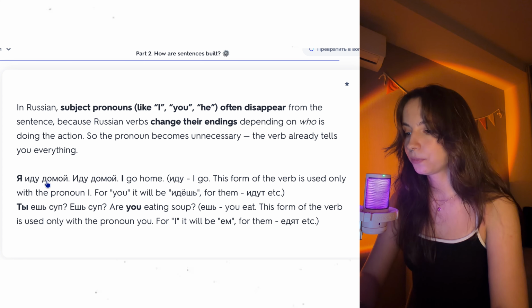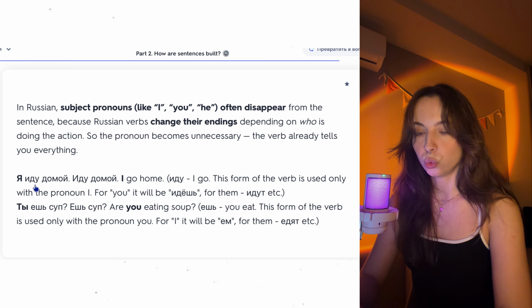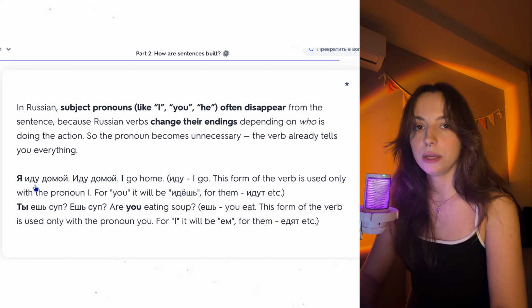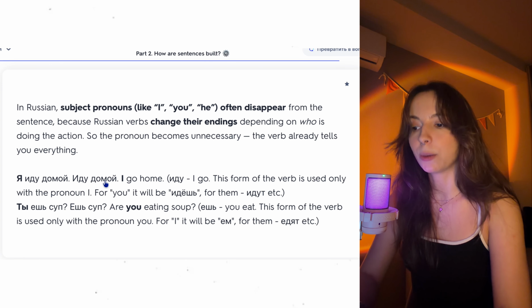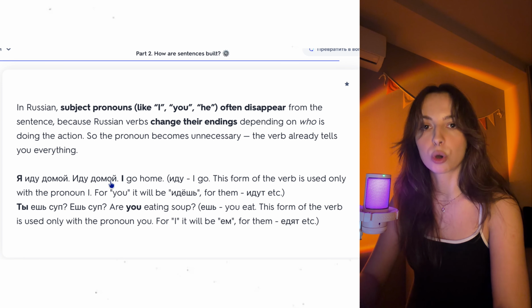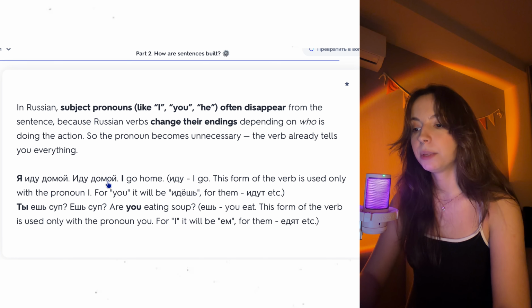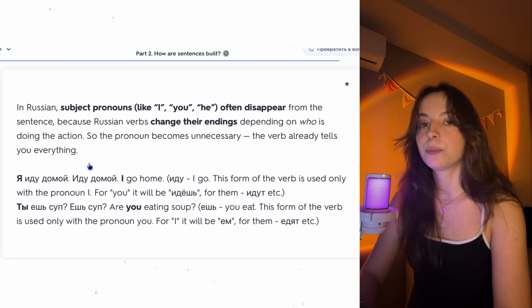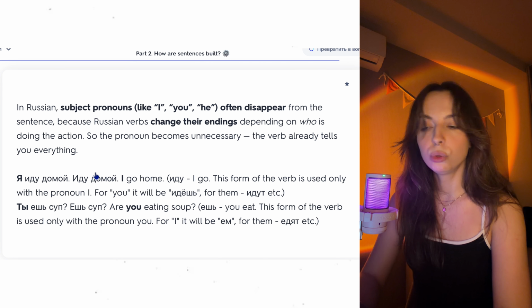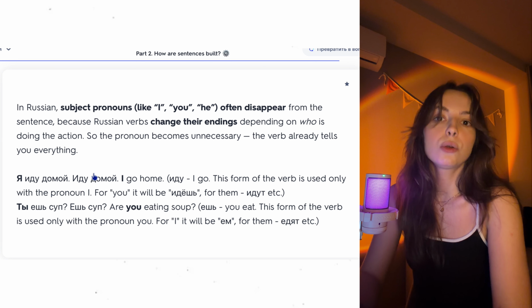For example, я иду домой. I go home. We can drop я and иду домой will be a completely correct sentence. Why? Because the form иду is used only with the pronoun I. You will never be able to say он иду, ты иду, because it's incorrect.